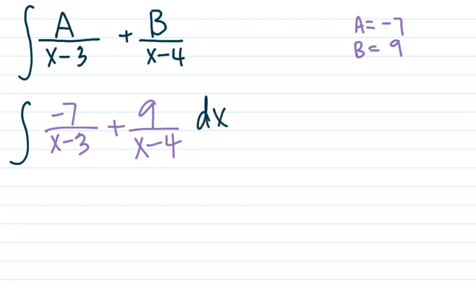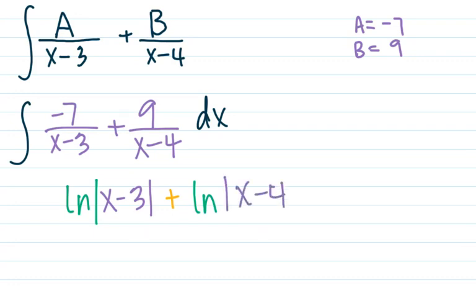Now, because both of these constants are sitting over top of linear terms, these are simply just going to reduce down to the natural log of x minus 3 plus the natural log of x minus 4.